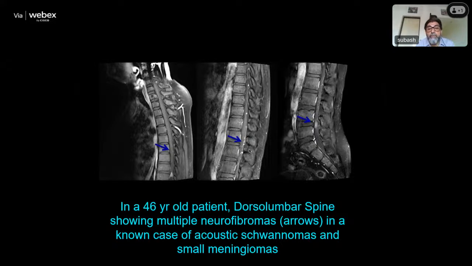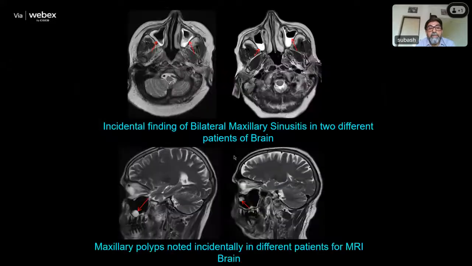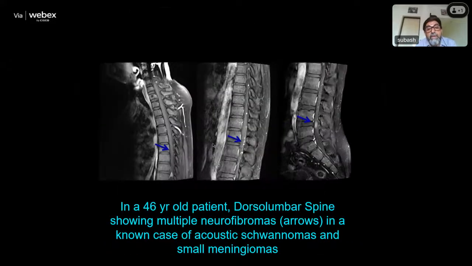You can see these are the bright spots shown here on the images. This type of diagnosis is very difficult to do on any other modality. Only MRI can produce such wonderful images and show you these minor defects in the spinal cord.